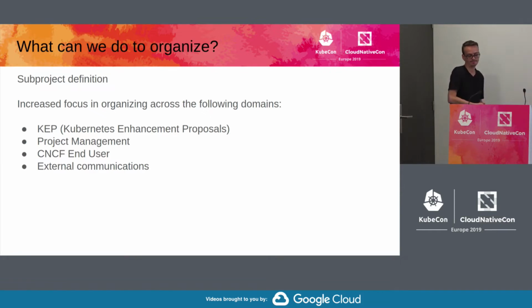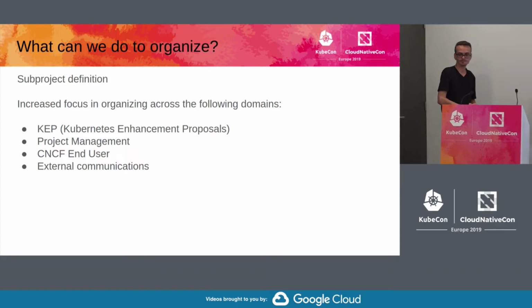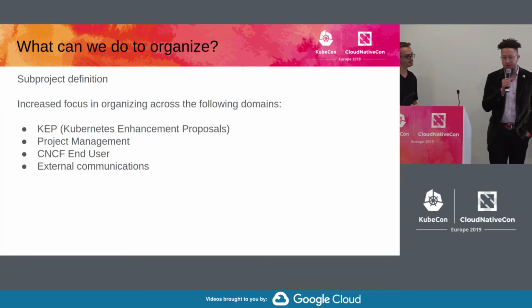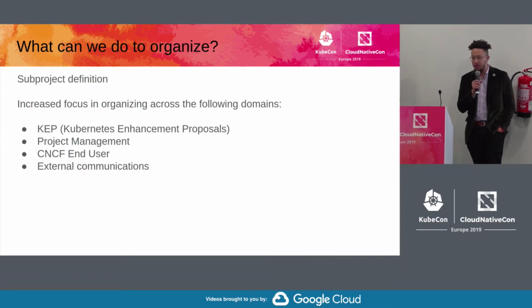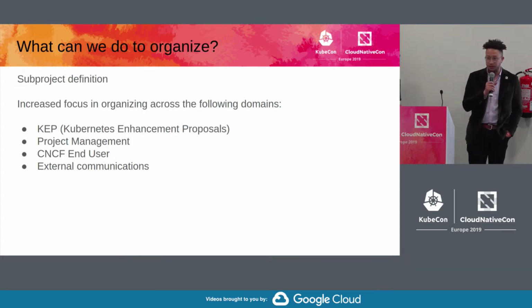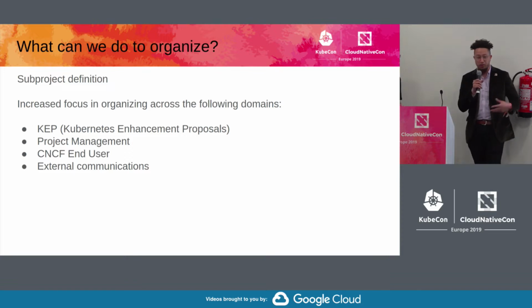I think we decided to do a rebrand, essentially, of what is a feature and what is an enhancement. The way we define it right now is that a feature is a unit of work that can be scoped to a single Kubernetes release cycle, right? And an enhancement is essentially a body of work, multiple features.